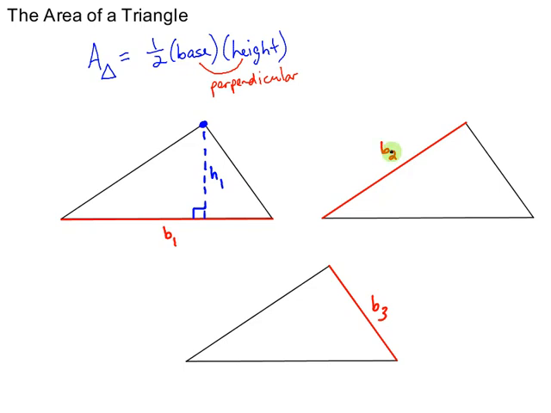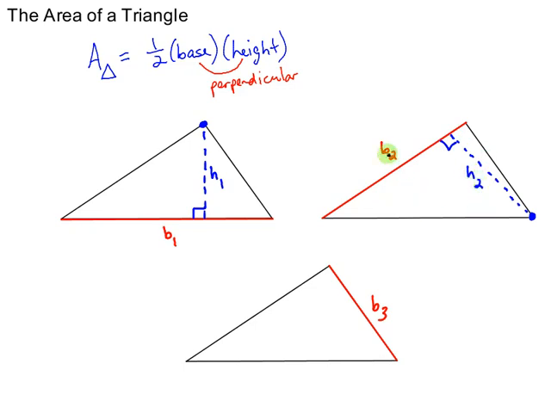Over here, if my base is this red side, the point on the triangle furthest from that base is this vertex. Okay? So the height is perpendicular to the red line and connected to this vertex. So it might be something like this. So this we might call height 2.